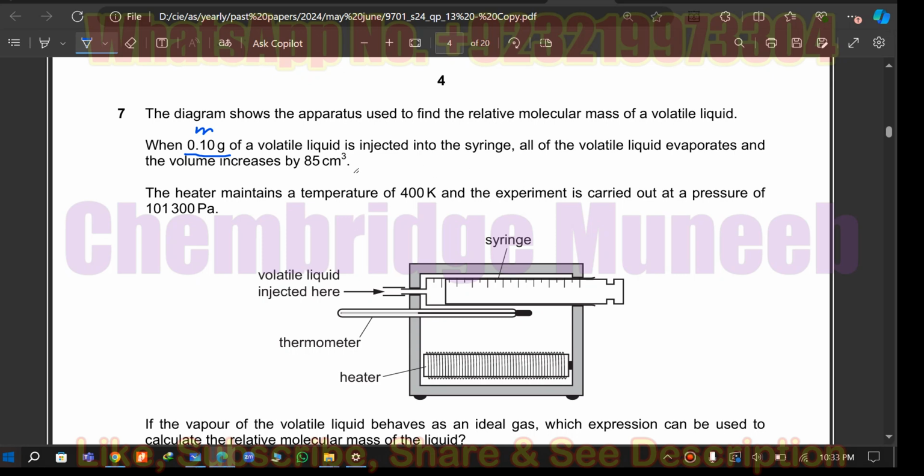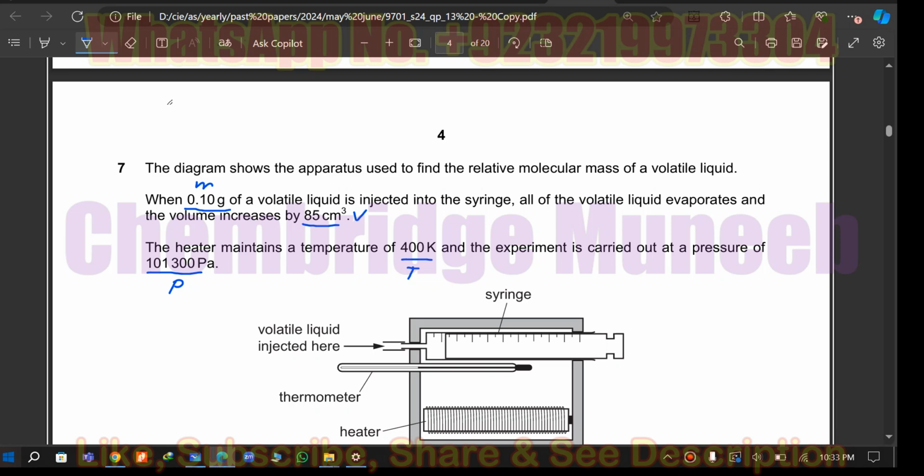It also contains the volume of the gas present, and the temperature is given over here and pressure is given over here. So all the variables to find the value of the MR in this question are given.